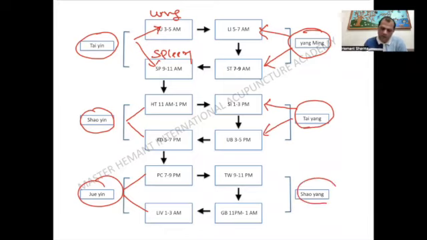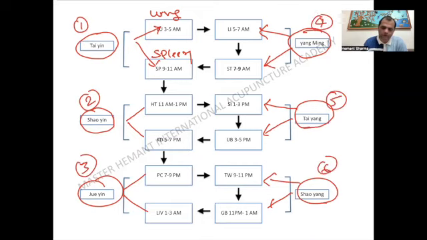And the meaning of Shao Yang is triple warmer and the gallbladder. You need to remember all these names: 1, 2, 3, 4, 5, and 6. These are called the 6 Chinese families' names.